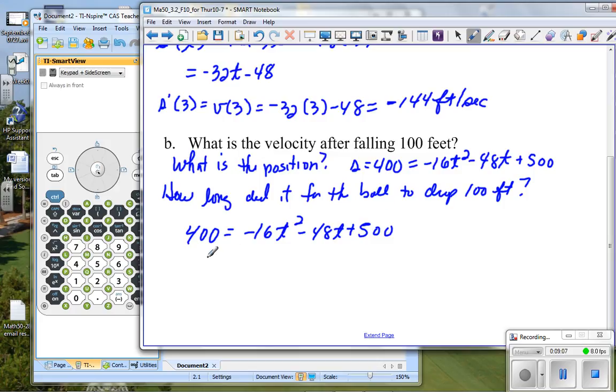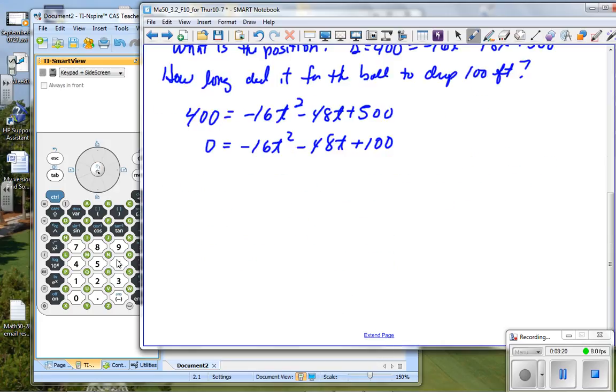If I subtract 400 from both sides, I get 0 equals negative 16t squared minus 48t plus 100. I need to do this in order to solve for t.